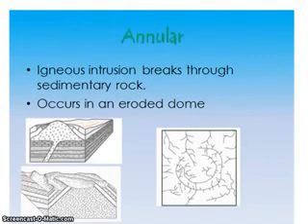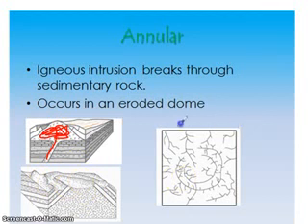The last one is called annular. If we look here, if we had an igneous intrusion breaking through sedimentary rock, right here, this is your igneous intrusion, if you remember those symbols from our rock unit. So everything I colored in red there is our igneous intrusion. The sedimentary rock is off to the side here. So this sedimentary rock was broken down, your intrusion breaks through, and you're left with these circular shapes on top.